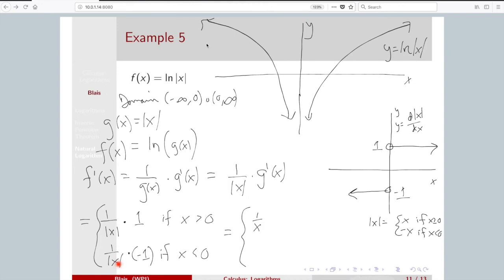In this case, if x is negative, think like negative 3, the absolute value of x comes back with negative 3, or negative x. So we have 1 over minus x, but we have that minus 1. So this is just always 1 over x.